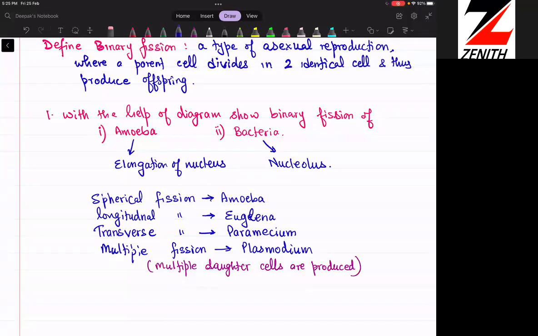Okay, when you say reproduction, it means the continuation of the species, and a species is characterized by the number of chromosomes and the genes locked inside the chromosomes. So if the number of chromosomes or the genes or their sequence is changed, then the organism itself will change. Thus first the DNA has to be copied and then the new cell will be produced.